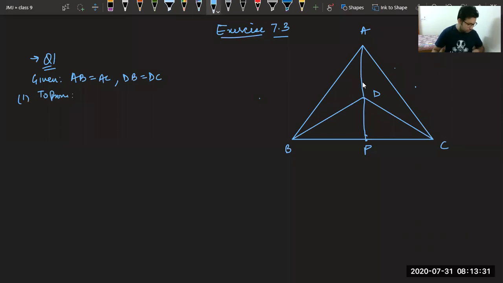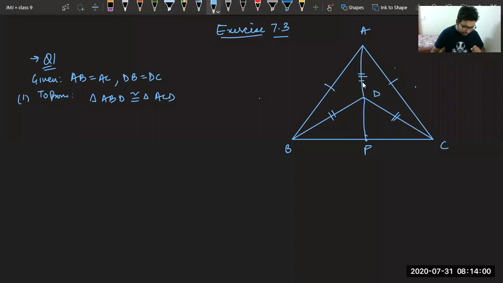The first part we have to prove is triangle ABD is congruent to triangle ACD. You can observe ABD is the triangle above and ACD is also above, which is very easy, I guess, for all of you because we know almost everything. We know AB is equal to AC, we know BD equal to DC, and this AD is common.